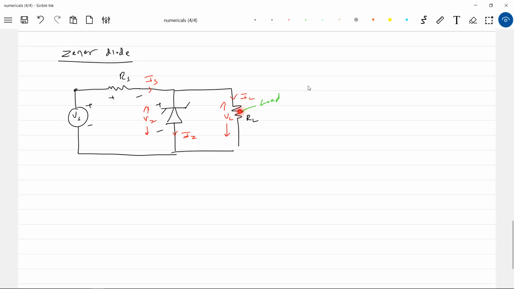For that, what will happen? Who will do that? This particular Zener diode. And this is unregulated, so better to call it unregulated input voltage. And what is that Vs? Vs will have fluctuation. It will never be constant.